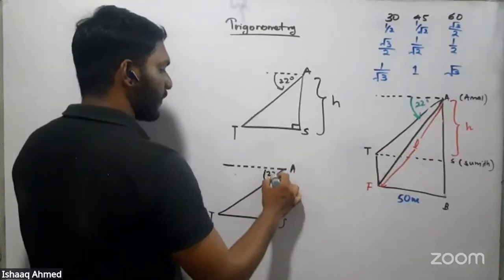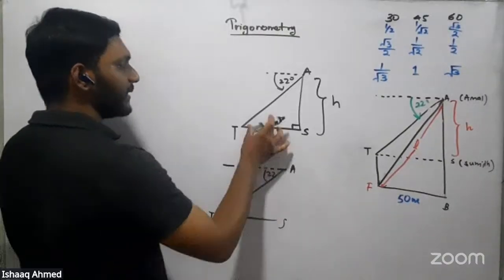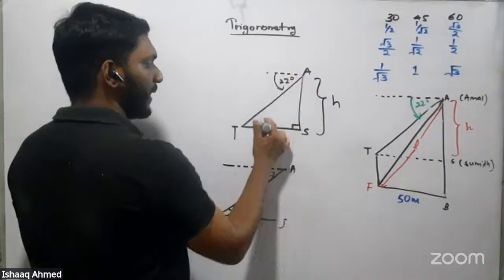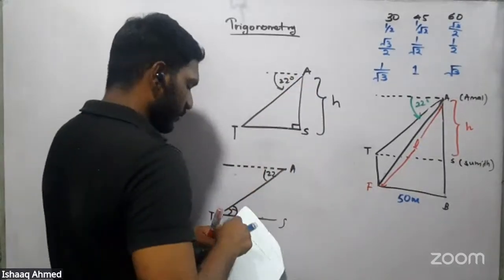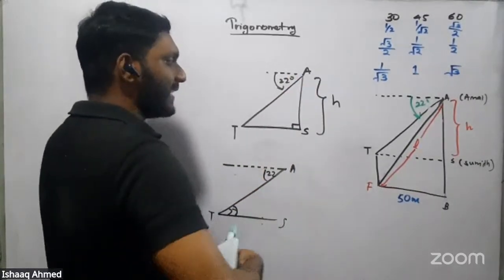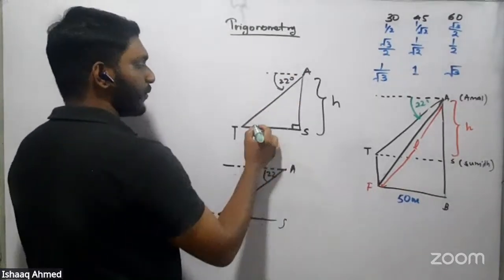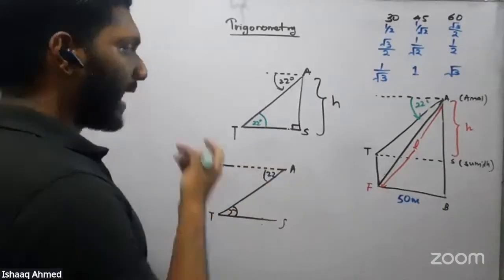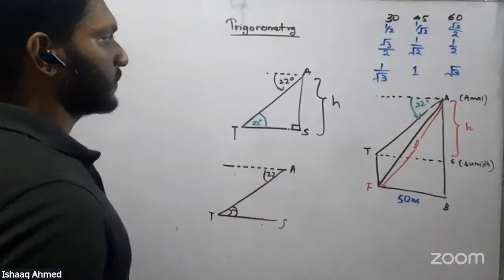These two are parallel. So if this is 22, this is also 22. I need an angle inside the triangle. So this is 22. Therefore, this is also 22 degree. Okay. I found an angle inside the triangle.